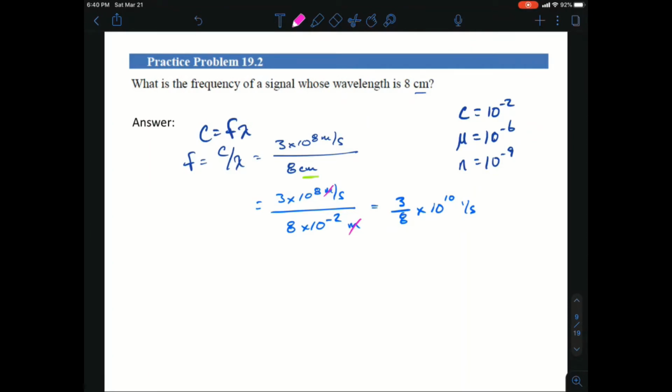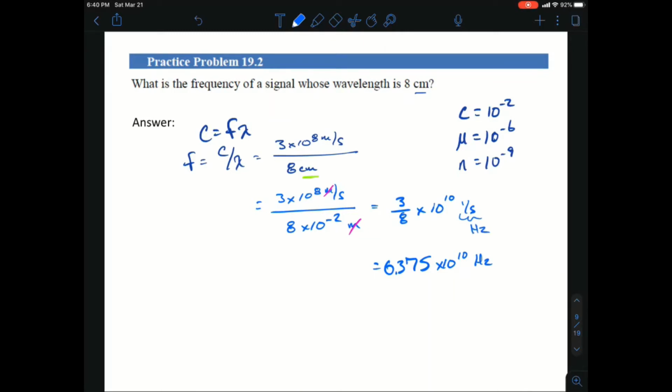So we do some math and we end up with 3.75. Actually, let's back up. It equals 0.375 times 10 to the 10th hertz. Just remember that per second there, the 1 over s equals hertz.